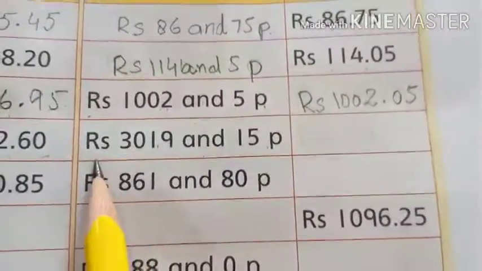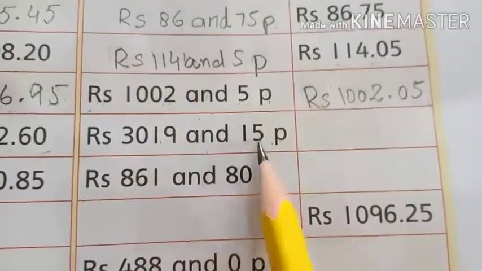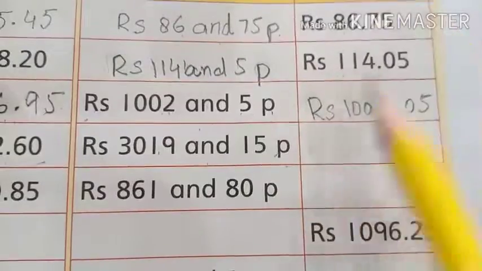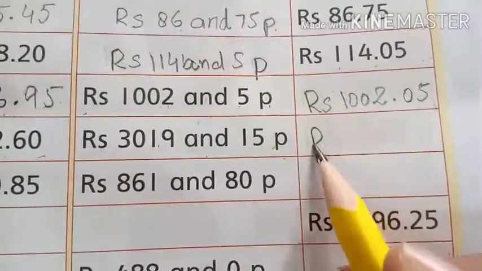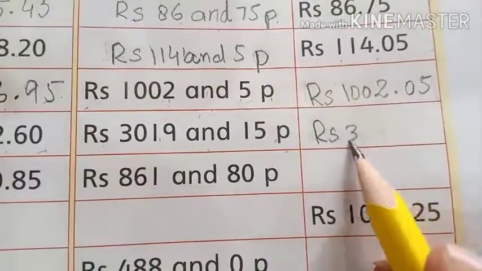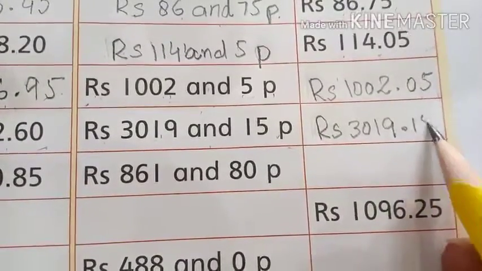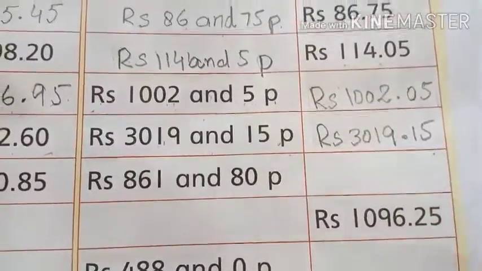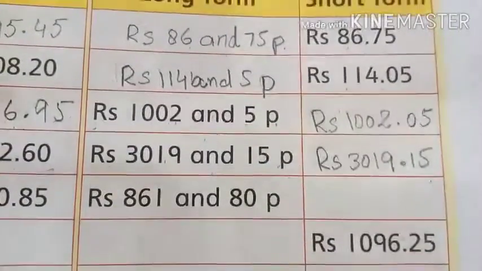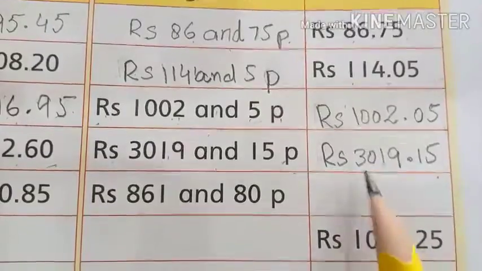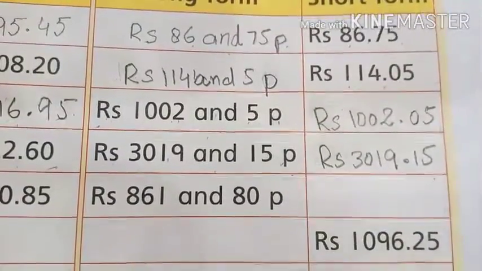The next is rupees 3019 and 15 paise. We will write in the short form like this: rupees 3019.15. Okay students, as in the short form we just put the point and separate the rupees and paise column.